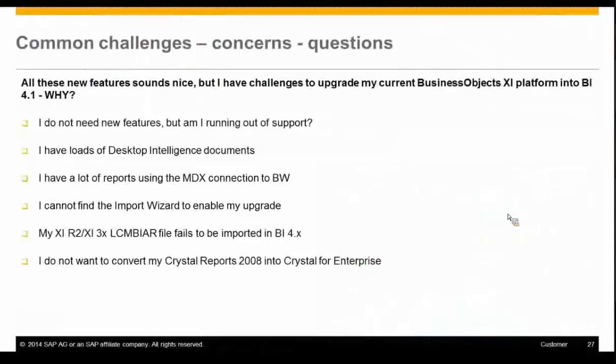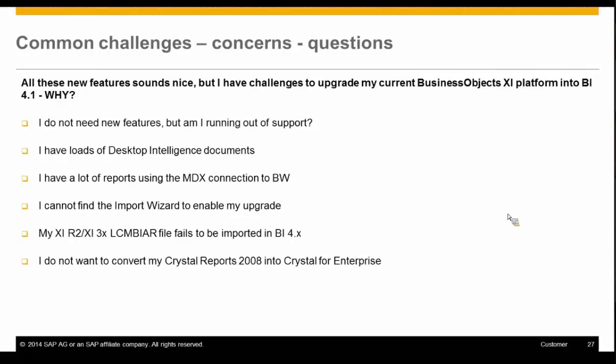Okay, what are the common challenges? I talked about the good things in coming to 4.1, and about the considerations before planning your migration, but I still get these questions. Whenever I talk to a customer or do a webinar like this, they say, yes, this is great, 4.1 is a better platform, better product, better release, but then I have my own challenges.